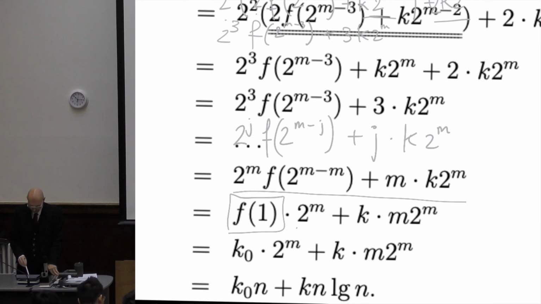This 2 to the m in front is this one, plus k times m 2 to the m. So I basically have some constant times 2 to the m and some constant times m 2 to the m.